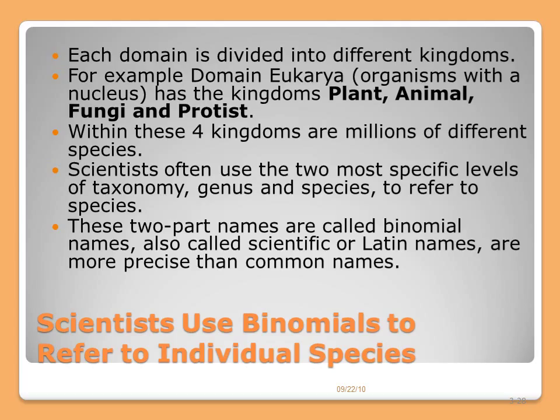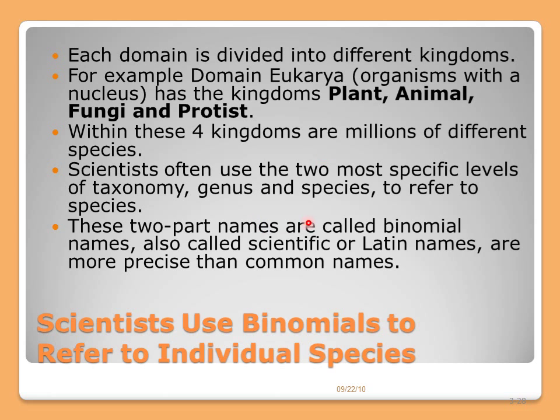usually talk about only the two most specific levels of taxonomy, the genus and the species, when they refer to a species. And they call the genus and species name a binomial name or binomial nomenclature, and bi just means two, nome means name, so it means you're giving things two names. You're giving them a genus name and a species name.